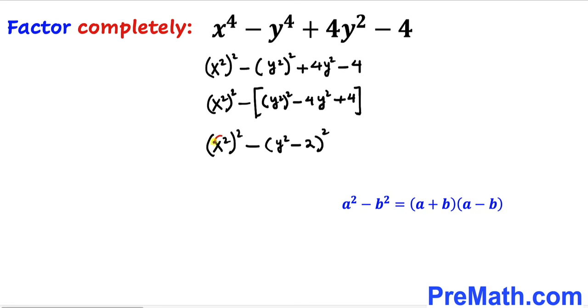And if I call this x^2 as our lowercase a, and this part y^2 minus 2 as lowercase b, then we can write this one as (x^2 plus (y^2 minus 2)) multiplied by (x^2 minus (y^2 minus 2)).